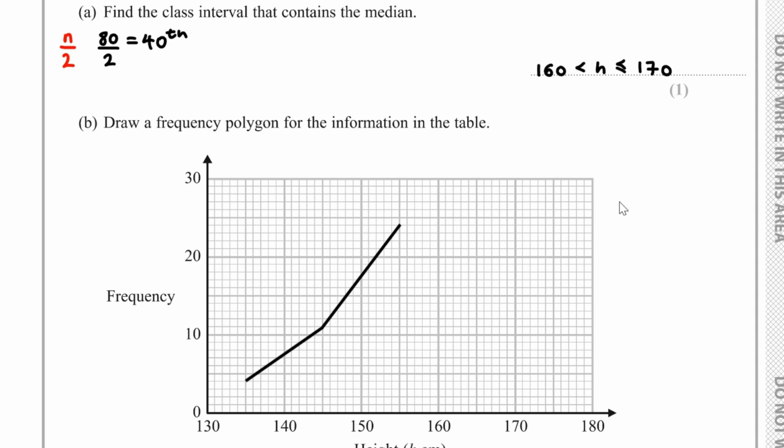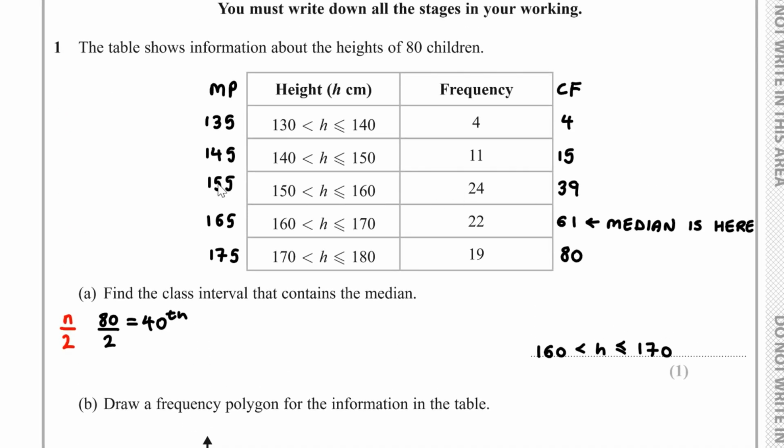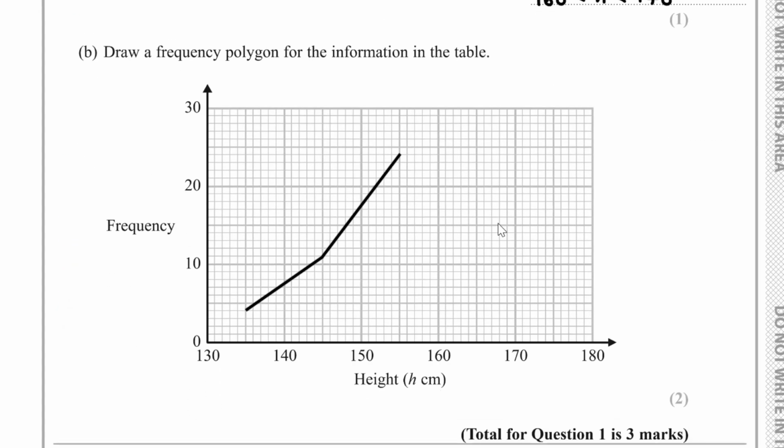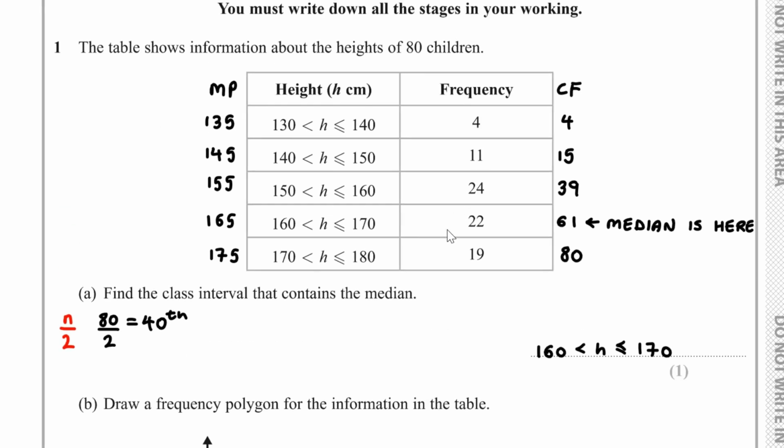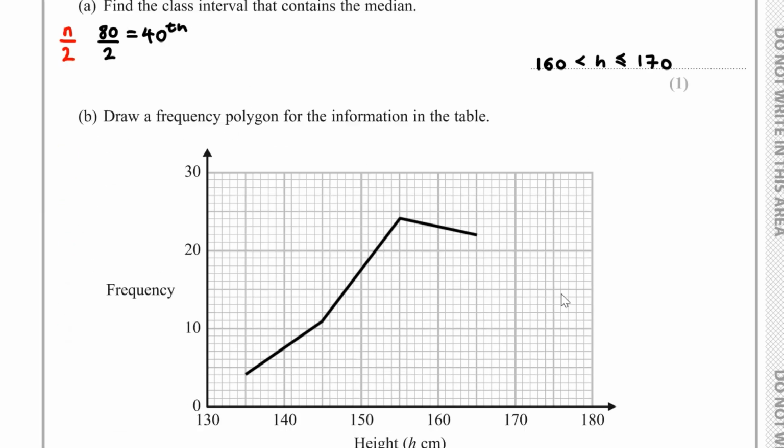Next one, we join 165 to 22. 165 is here. We join this up to 22. So 22 is over here. And then we join 175 to 19.